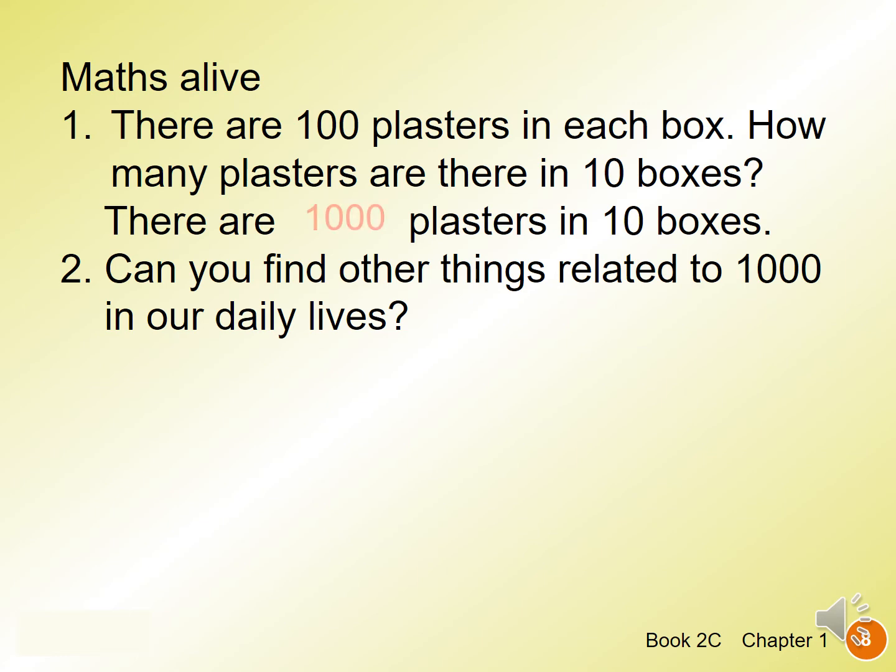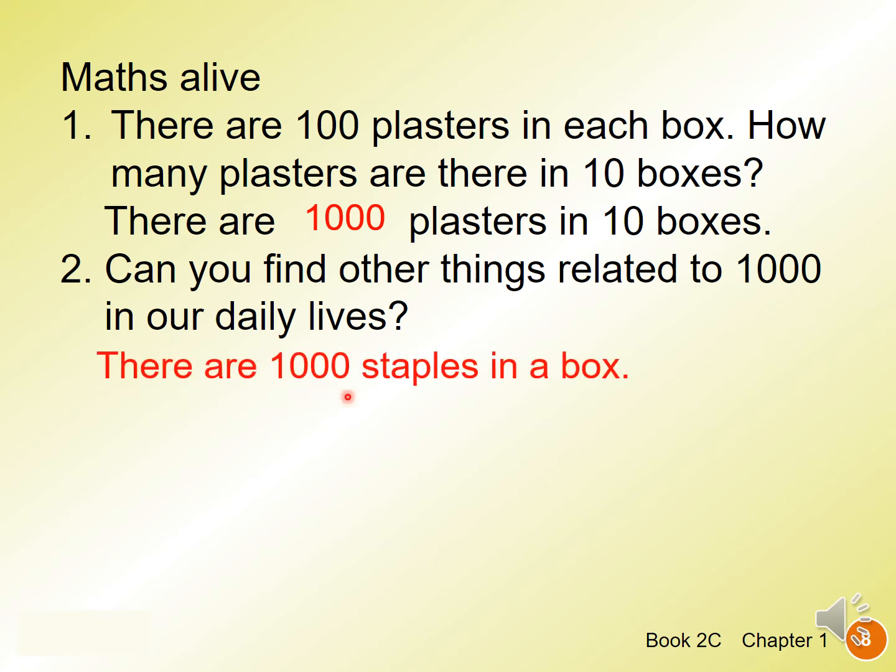So there are 1000 plasters in 10 boxes. Number 2. Can you find other things related to 1000 in our daily lives? Many products are packed in groups of 100 or 1000, such as 1000 staples in a box.